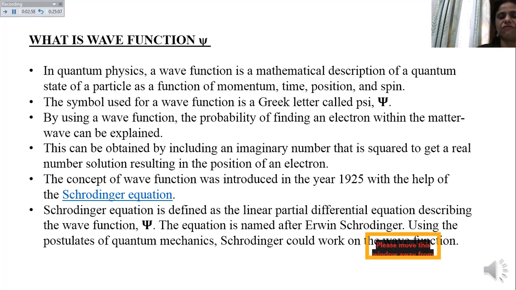The Schrödinger equation is defined as the linear partial differential equation describing the wave function psi. This equation is named after Erwin Schrödinger, and the wave function is called psi after the scientist Erwin Schrödinger. Using the postulates of quantum mechanics, Schrödinger could work on the wave function.